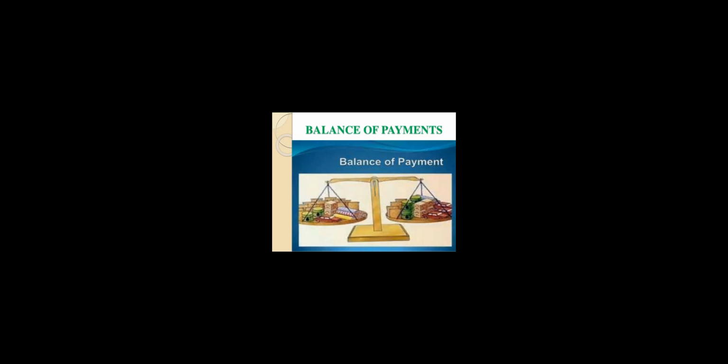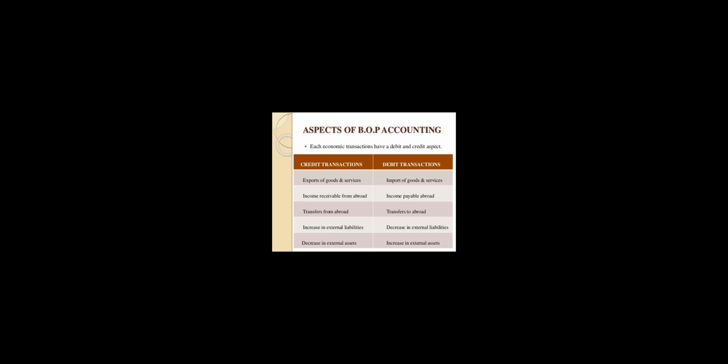And if we talk about its accounting, what are the aspects of balance of payment accounting? Here we have some entries made on the credit and on the debit side.